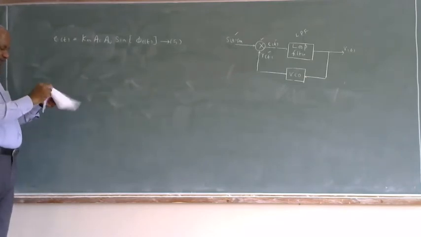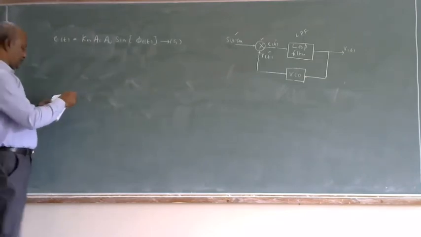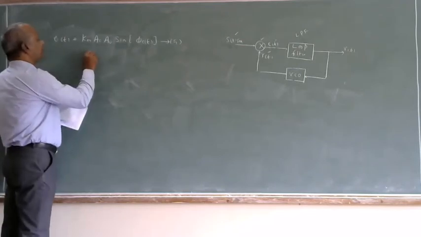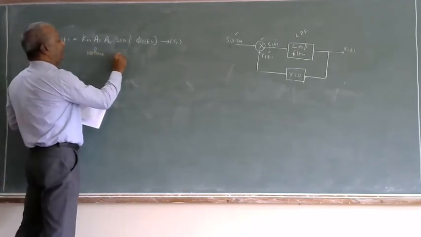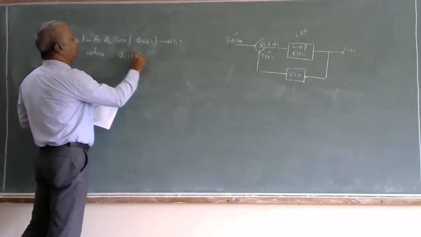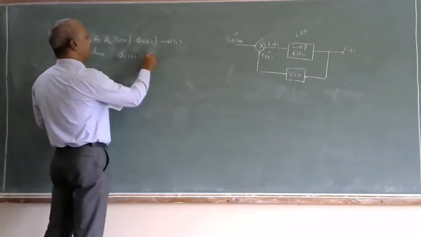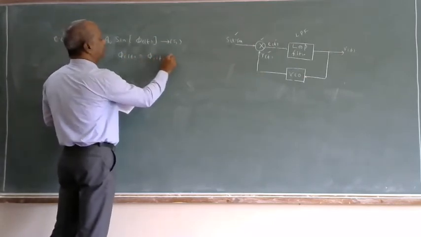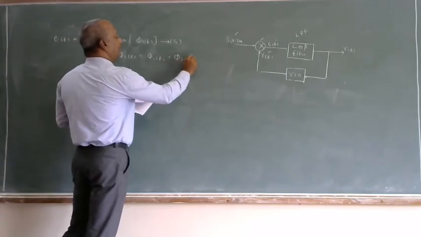Sine of phi of t, where phi of t is the phase, phi of t equals phi 1 of t minus phi 2 of t.